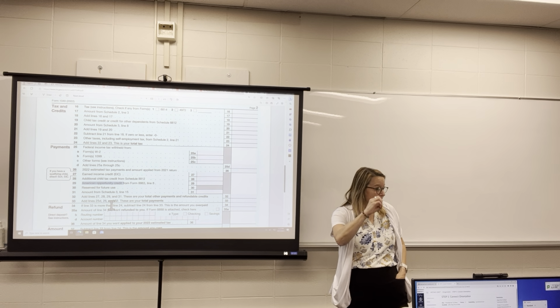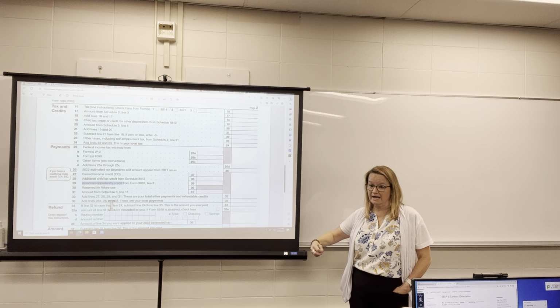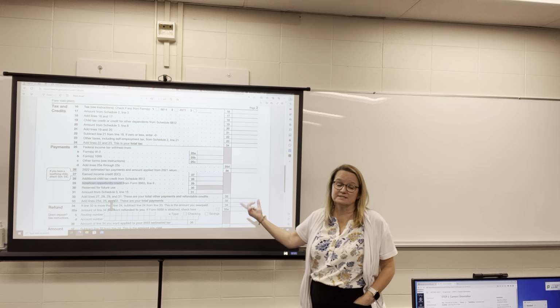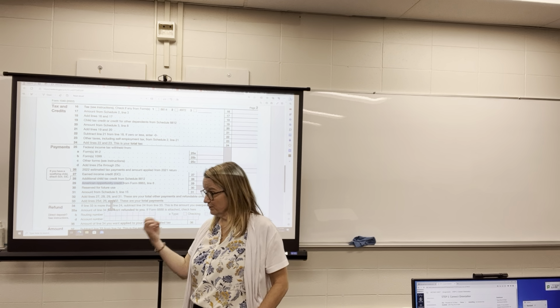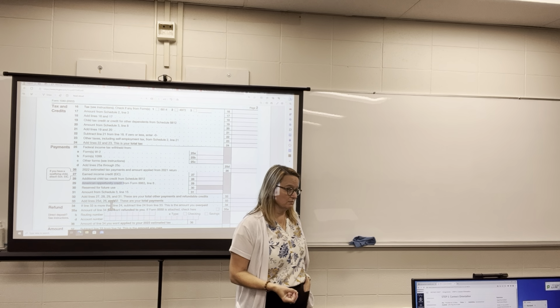So if you owed nothing, but you have one of these refundable credits, it means you get that money back, even though you owed nothing. Non-refundable credits cannot bring tax liability below zero. They can bring it to zero, but they cannot bring it below zero.